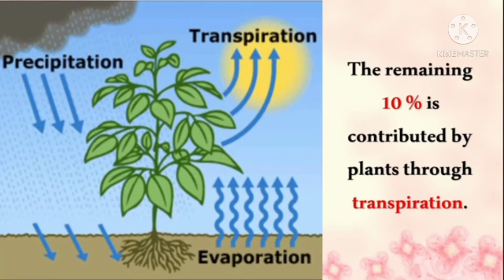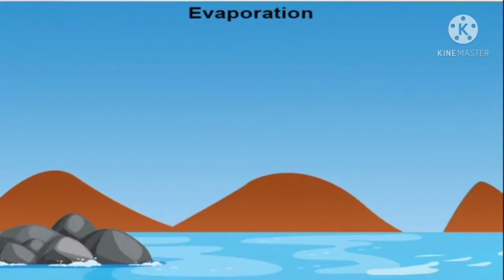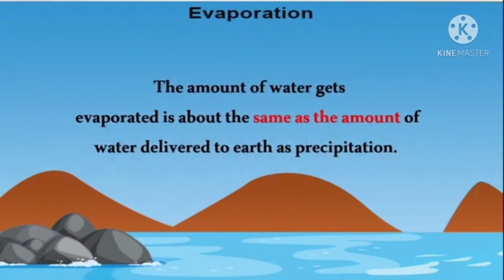See, in the picture you can see the precipitation and evaporation. The amount of water that gets evaporated is about the same as the amount of water delivered to earth as precipitation.